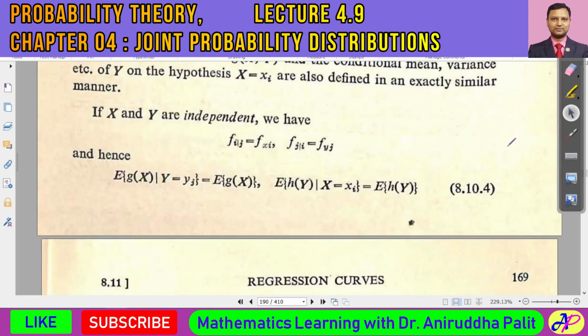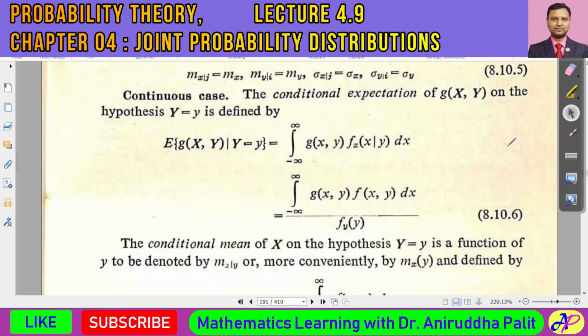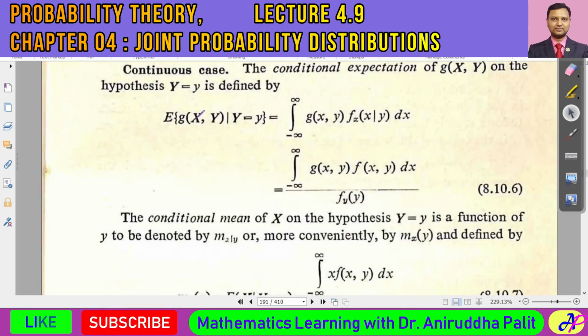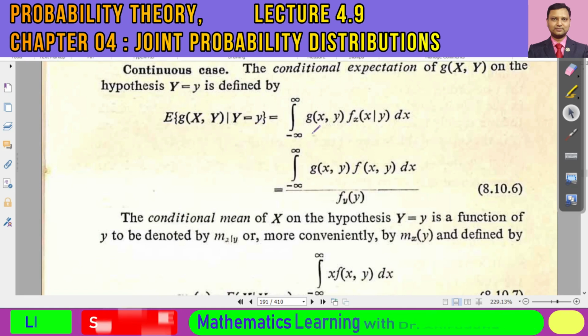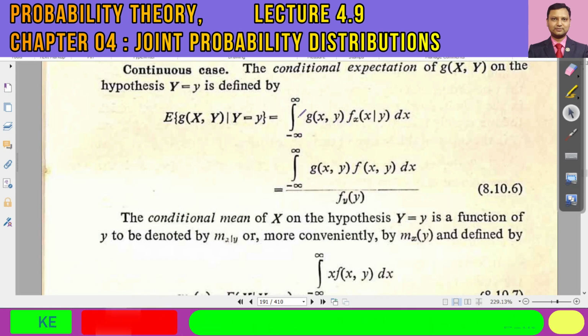Now let us move to the corresponding definitions in case of continuous distributions. In this case, if we define this type of conditional mean, we need to integrate in place of summation.